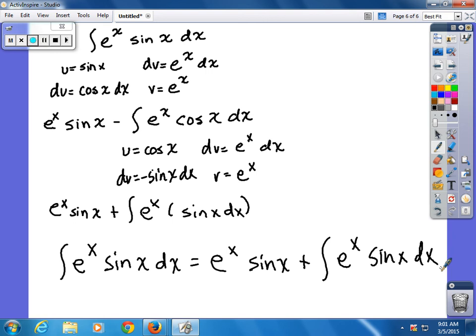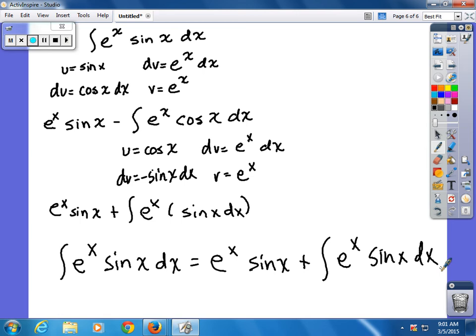Cosine of x du e to the x. It would be negative, like e to the x sine of x minus e to the x cosine of x, and then that would carry over to the positive. I've got to do one more time.